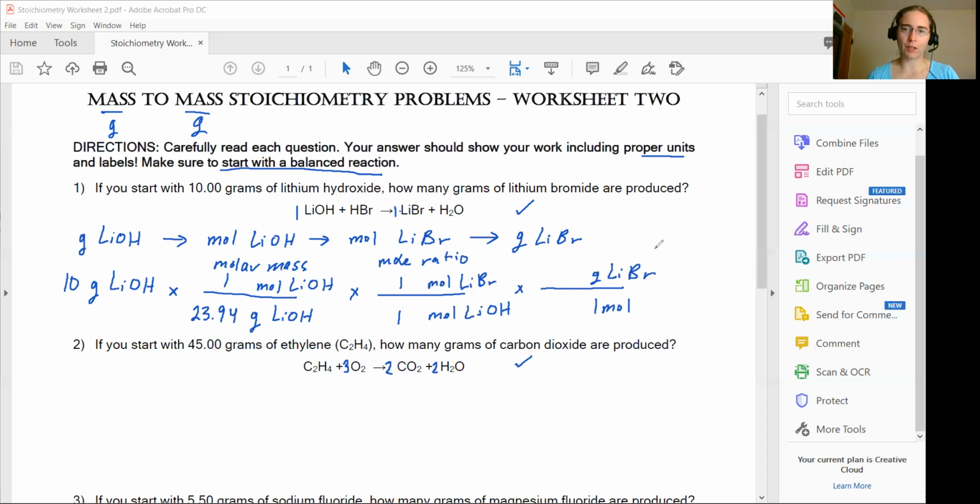Grams goes on the top because that's the unit we want. Moles goes on the bottom because that's the unit you want to get rid of. And 1 mole of lithium bromide is equal to some number of grams. Bromine has a molar mass of 79.9 grams per mole, so you'll add that to the molar mass of lithium, 6.94, and you'll get 86.84.